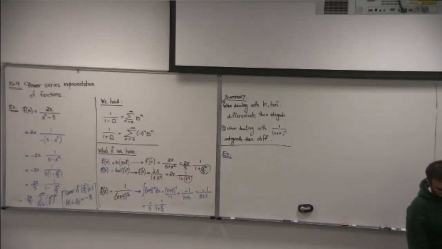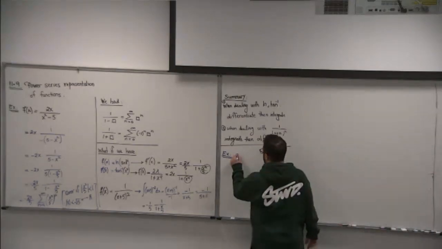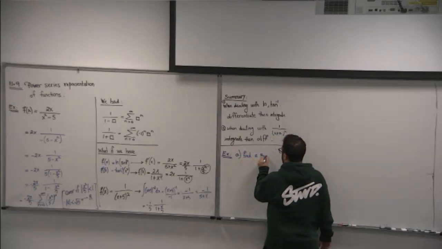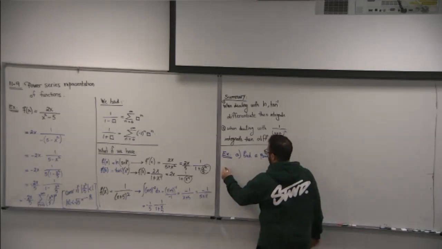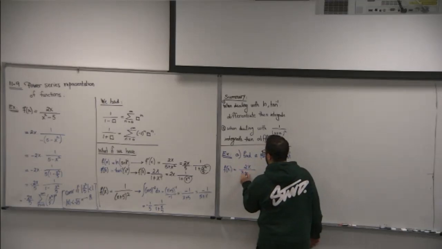Part A, find a power series of f of x equal to x divided by 3 plus x squared.